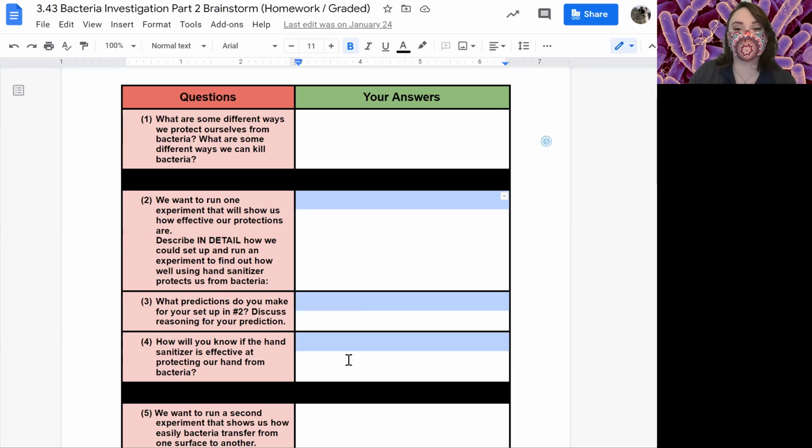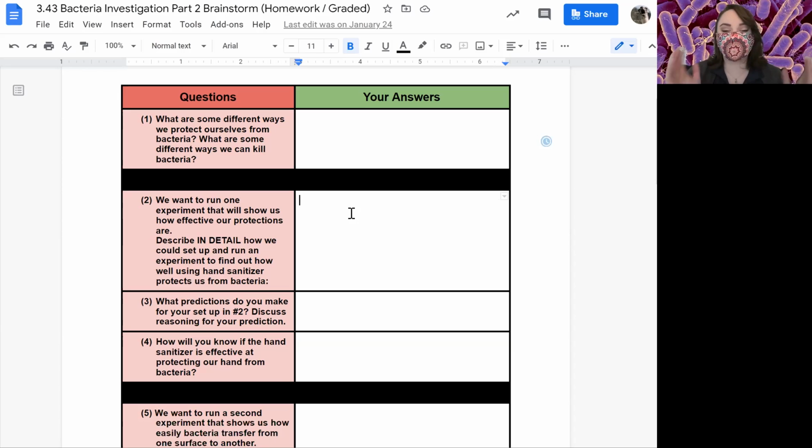So let's brainstorm this first one together here. I want to see how good hand sanitizer is at protecting us from bacteria, which means killing bacteria. How could I set this up? We know we have Petri dishes, agar, swabs, I can get bacteria, and hand sanitizer. So how should I set this up?